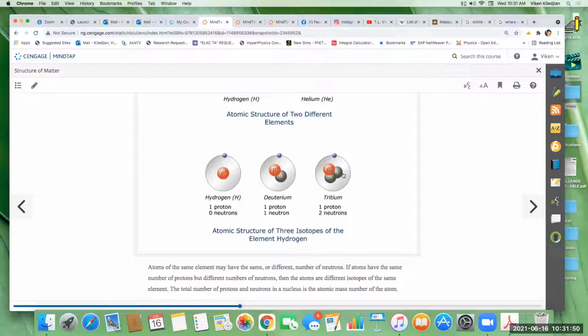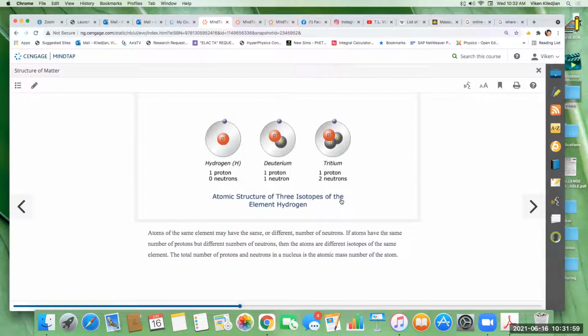And then this is a proton and 2 neutrons, tritium. So they're isotopes of hydrogen. And of course, these are going to be heavier, right? Because the neutron's mass is about the same as the proton's mass. So this is about twice as heavy as this, and this one is about 3 times heavier than the regular hydrogen.